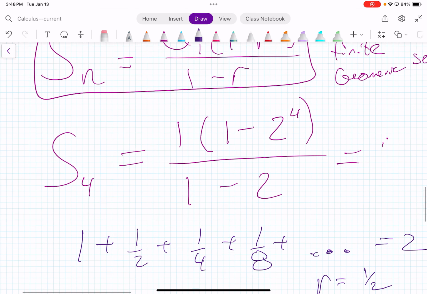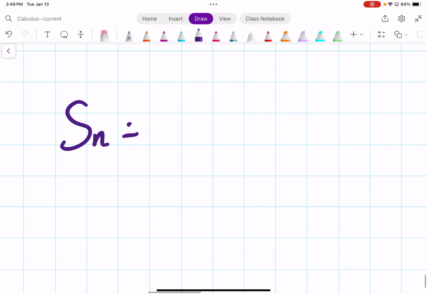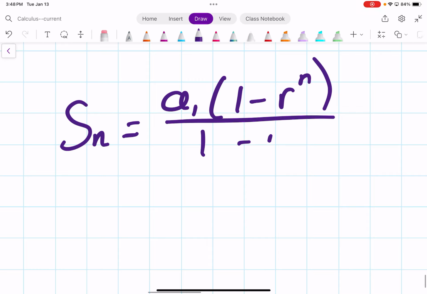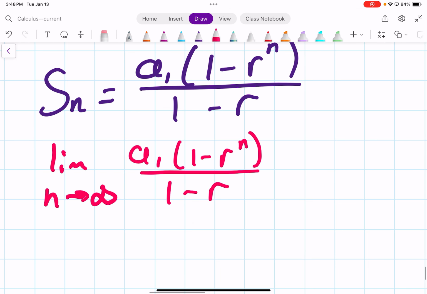But let's look back at this formula again. So S sub n is a1 times 1 minus r to the n over 1 minus r. So if I want to do the limit as n approaches infinity of this calculation, and if r equals 1/2, what is happening here?